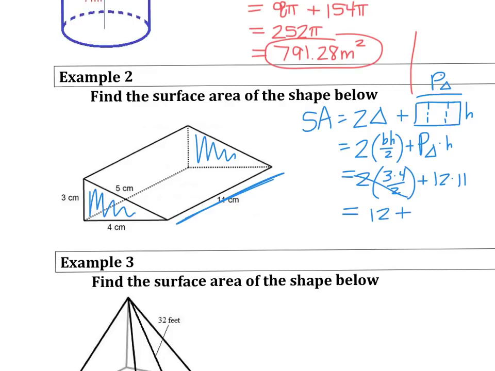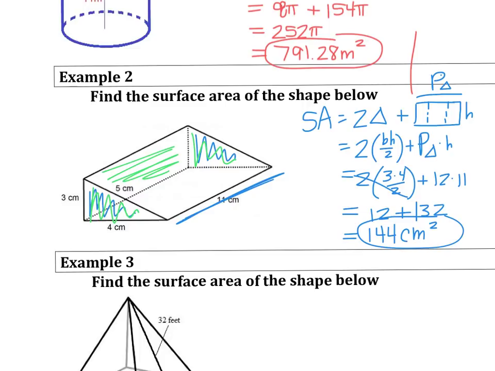So we have 12 plus 12 times 11, which is 132, plus the 12, 144 centimeters squared, because it's surface area. We could do this the long way. You'd still do the two triangles, but then you would have to add individually this rectangle, which is 3 by 11, the bottom 4 by 11, and this top part 5 by 11. Or we could just simplify it and say, hey, it's the perimeter of the triangle times the height.